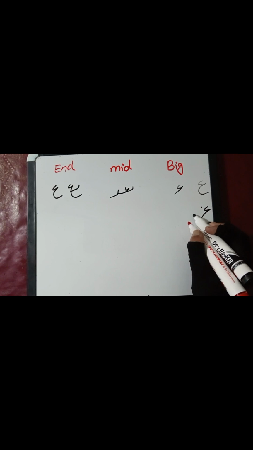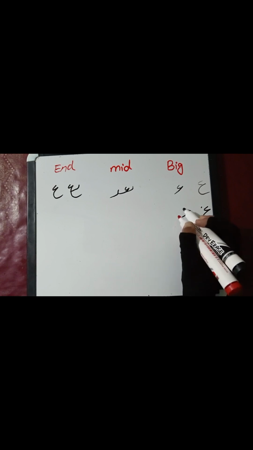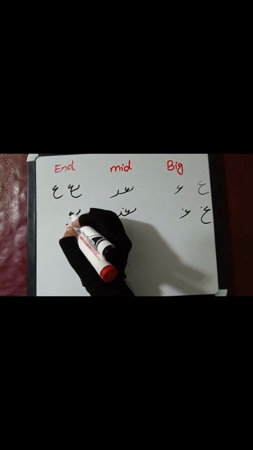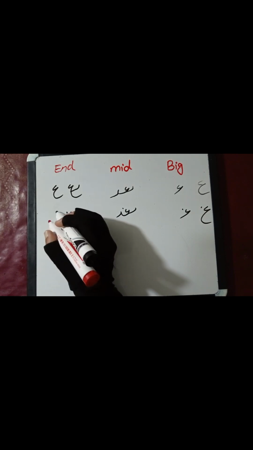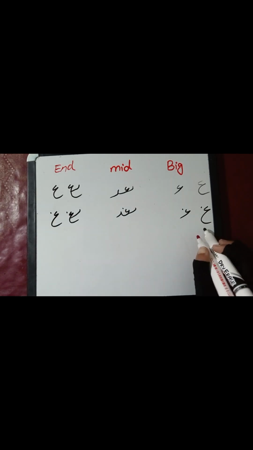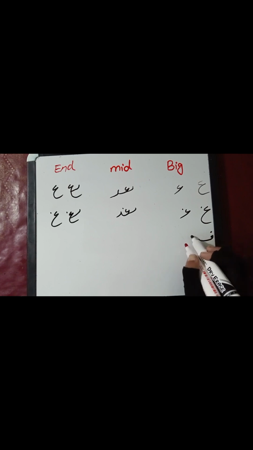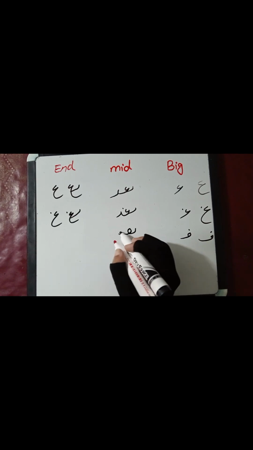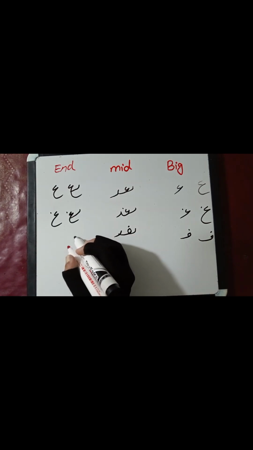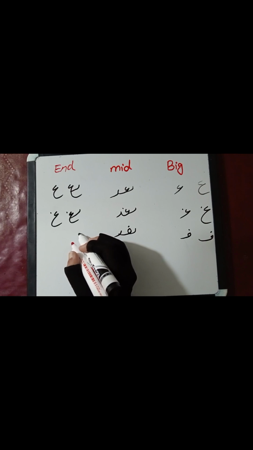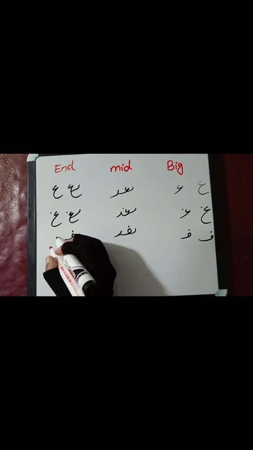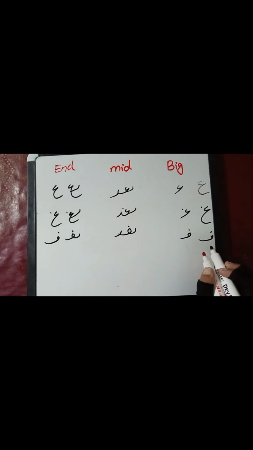Ghain, same like ain, beginning shape, middle shape, and the ending sometimes with connector and sometimes without connector. Fe, the beginning shape, in the middle with two connectors, in the ending sometimes with connector and sometimes without connector.